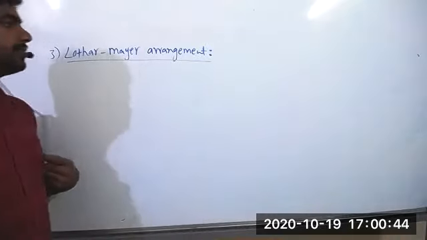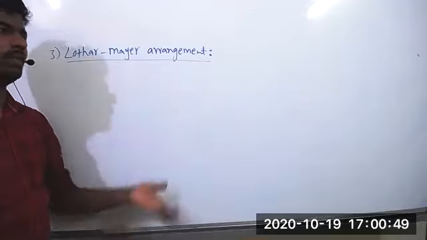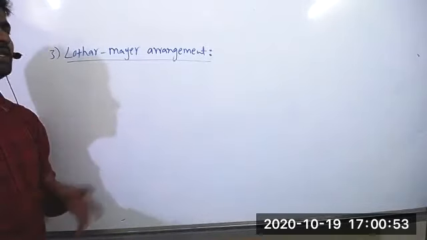During that time, they knew only a few elements. They did not know all the elements. Nearly 55 or 60 elements were known at that time.